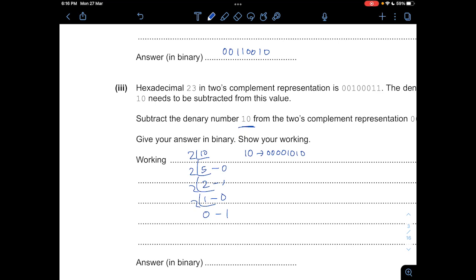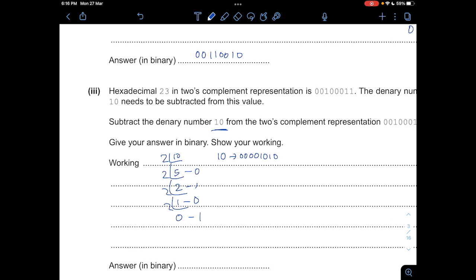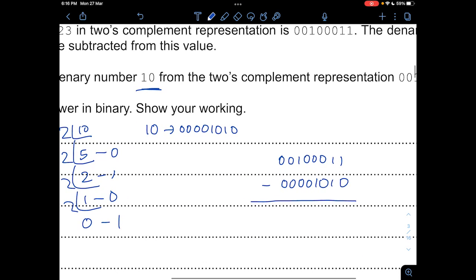And then there's actually two ways to do this. You can directly do 00100011 minus 00001010. So this one you'll get 0 0 0, and then there'll be 10. When 10 minus nothing, you still get 10, but because we need to move it to the other side, we'll leave a 1, and then the 10 move over to the next one.